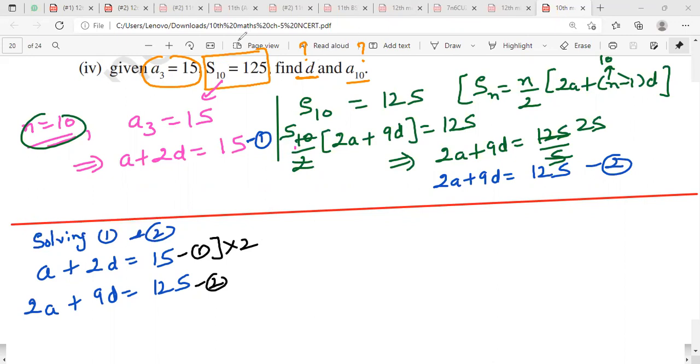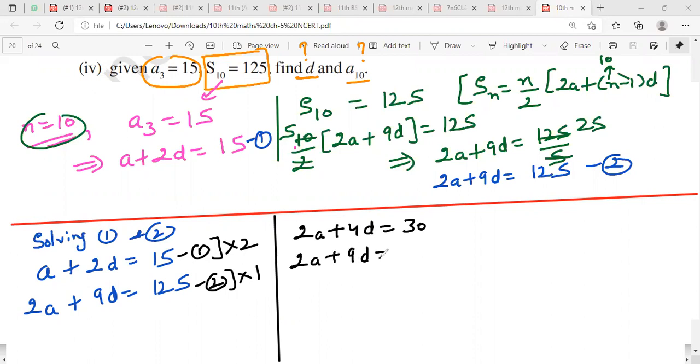After multiplying, the first equation will be 2a plus 4d is equal to 15 2s, that is 30. And the second equation, multiplied by 1, is 2a plus 9d is equal to 125. Now subtract. 2a and 2a will be cancelled out. Minus 9d plus 4d, that is minus 5d. Minus 125 plus 30.